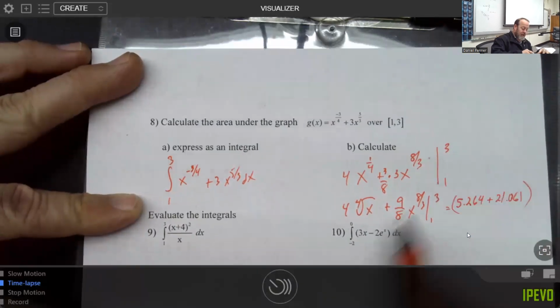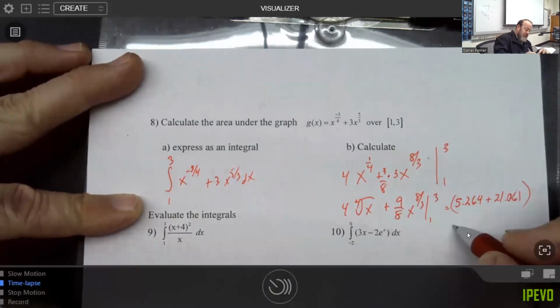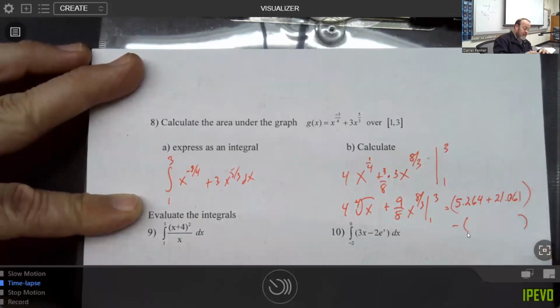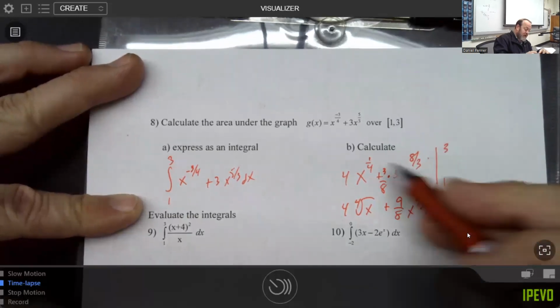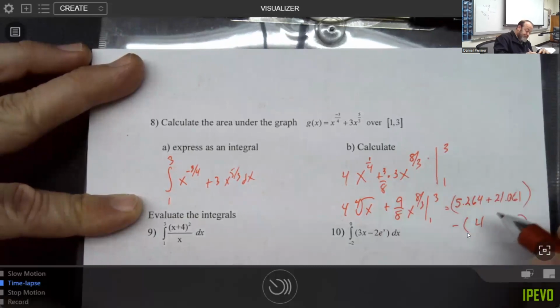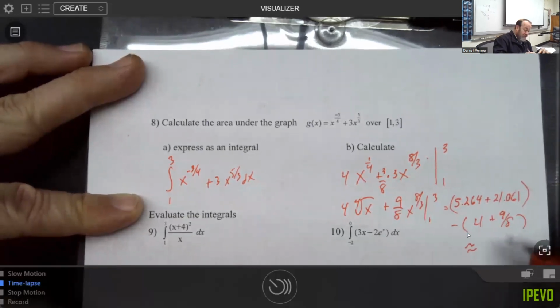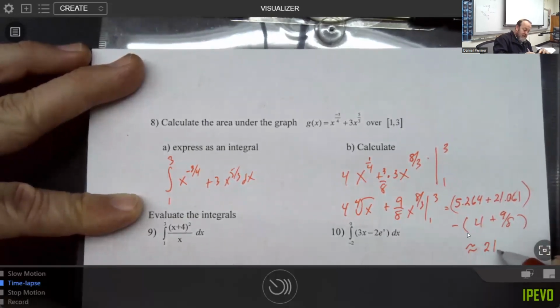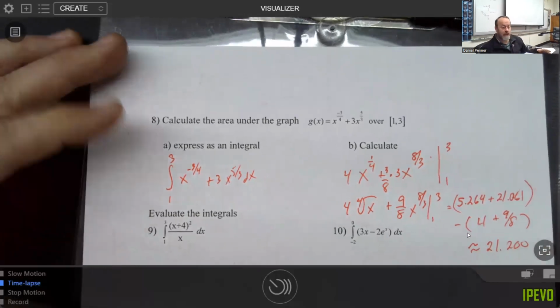That's plugging in the 3 into both of these. Then we're taking away the result of plugging in the number 1, which of course, plugging in 1 here is going to get 4. Plugging in 1 right here is going to get 9/8. And all of that combined together, if we were going to make that into a nice little decimal, is 21.200.